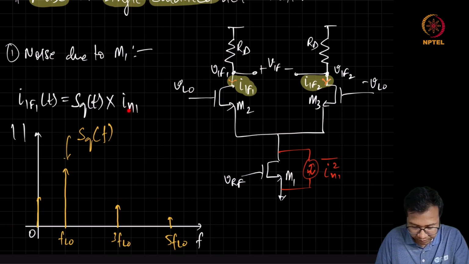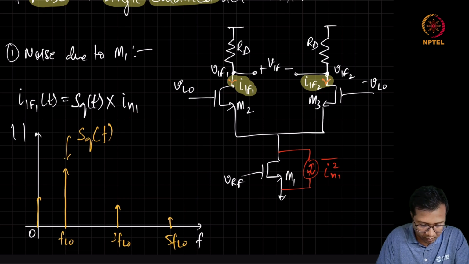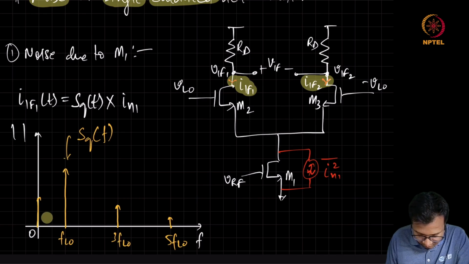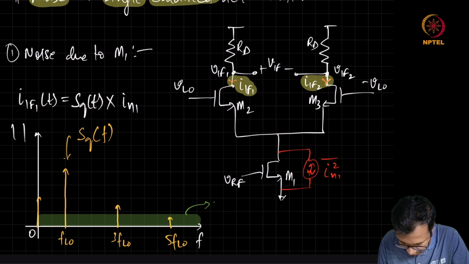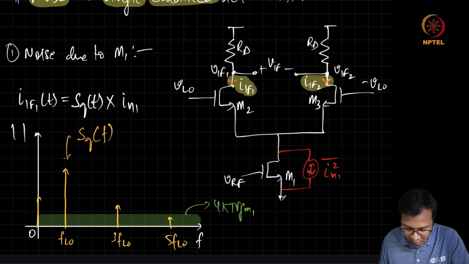What about the frequency spectrum of noise from the M1? So if we are considering the thermal noise, it is going to be 4kT gamma GM1.